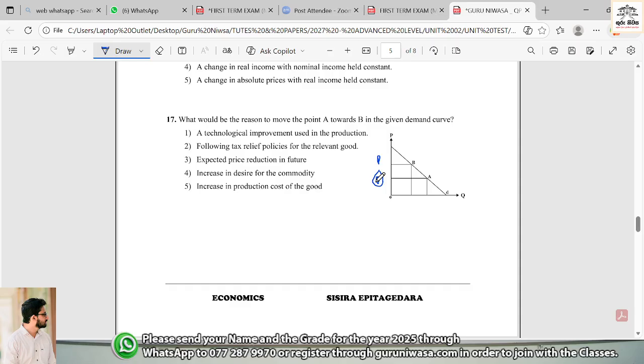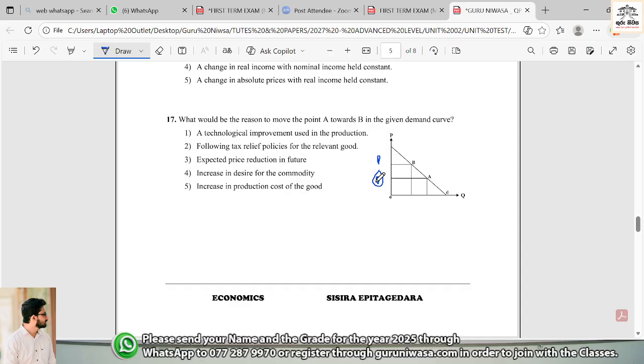If supply increases, it won't happen. You can't say anything about the demand curve because the demand curve has been given. Only one demand curve here. This movement is caused by a change in the supply curve.